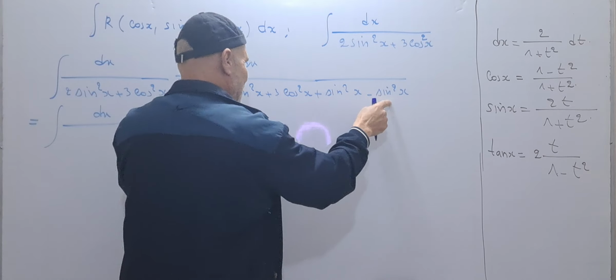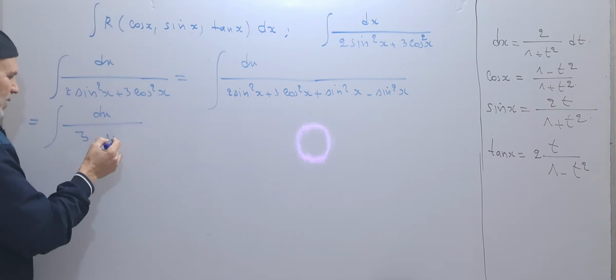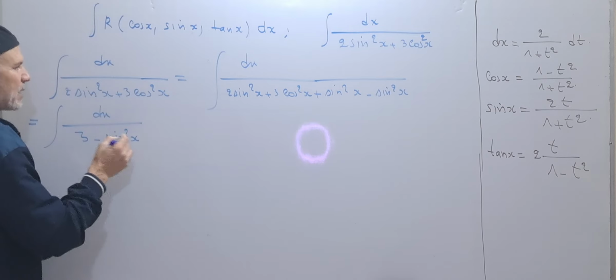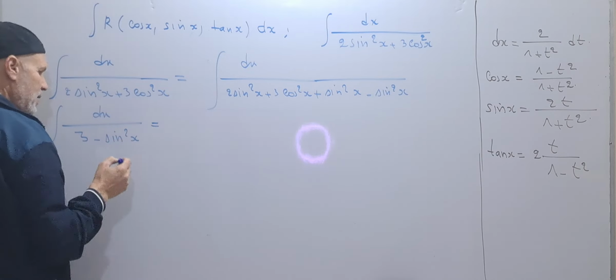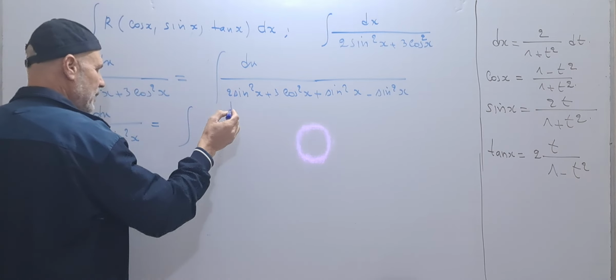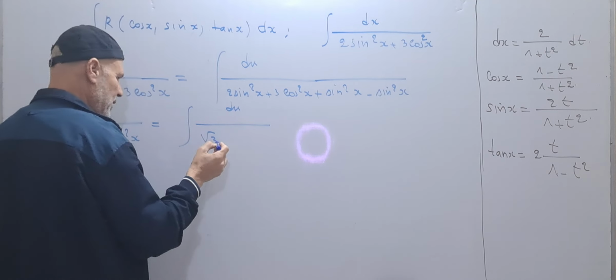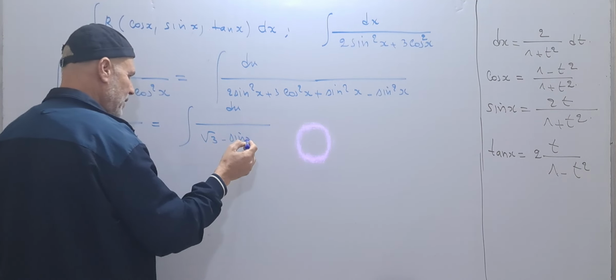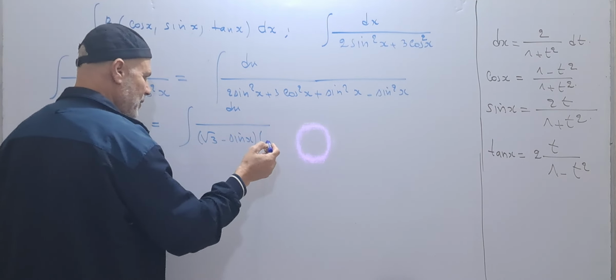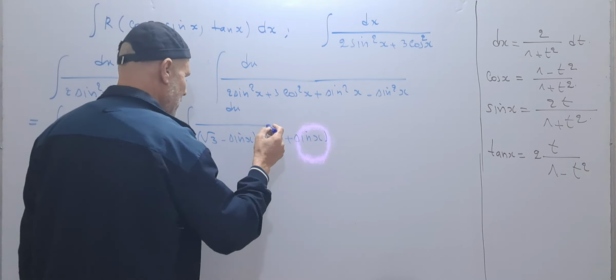So here we have 3 minus sine squared x, and this is equal to the integral dx over the square root of 3 minus sine x times the square root of 3 plus sine x.